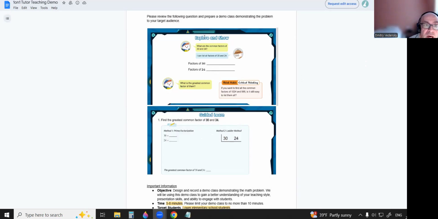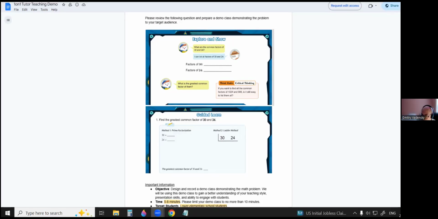So let us see how this ladder method works. So let's take these two numbers, 30 and 24. And let us pretend that we haven't done this work yet. And let us look at their smallest common factor. They are both even numbers.